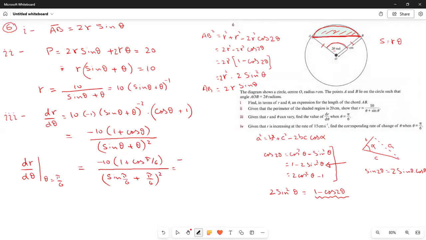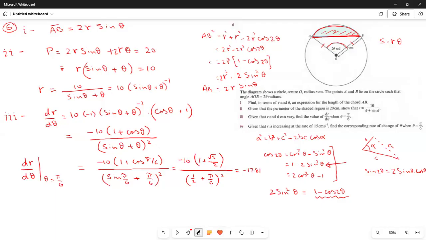If you remember, cosine of 30 degrees is root 3 over 2. So this is 1 plus root 3 over 2, divided by sine of 30 degrees, which is 1 by 2, plus pi by 6 as it is, and we have to do the square of this whole thing. Okay, so if I simplify it, then its numerical value comes out to be minus 17.81.